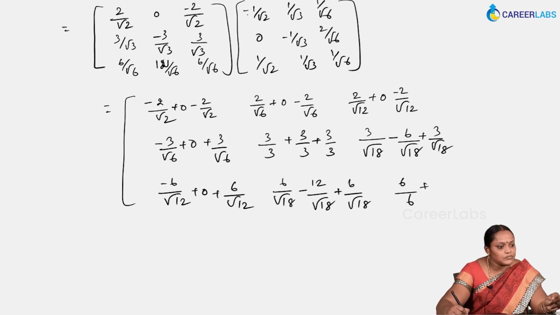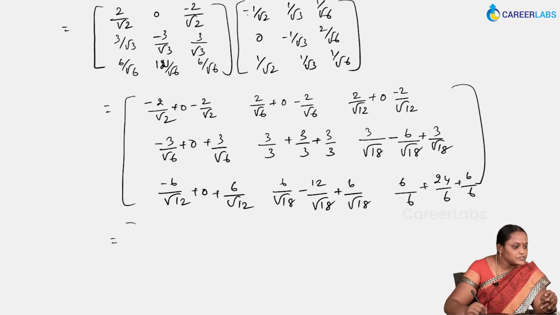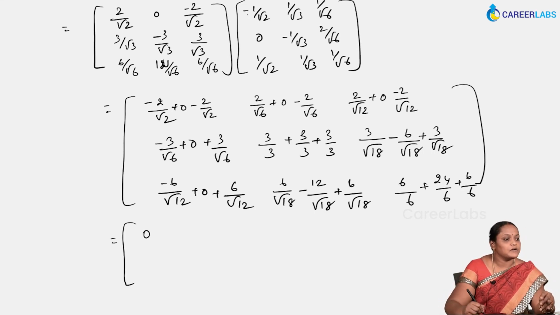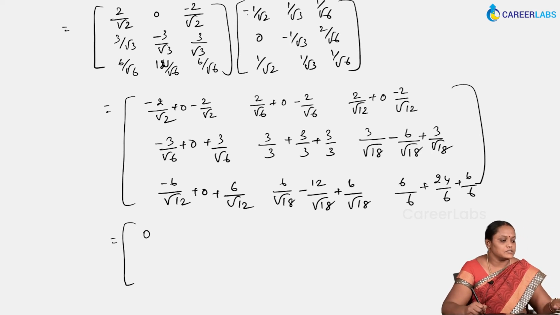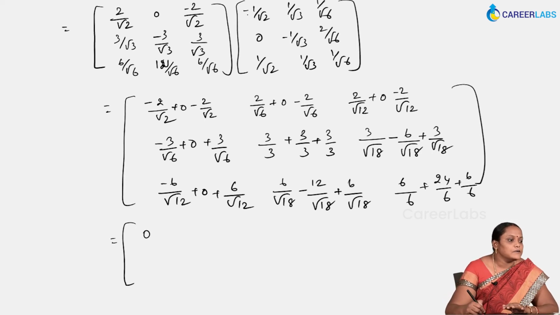Then plus 24 by 6 plus 6 by 6. So this is equivalent to the first term. This is not going to become 0. Minus 2 will be minus 4. So here this is minus 4.